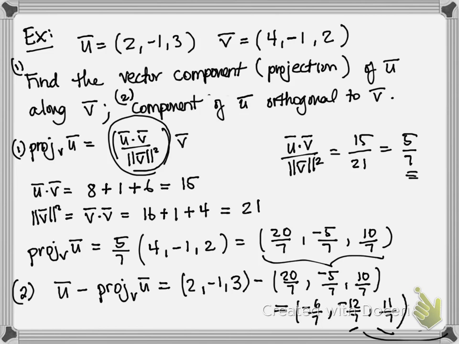Okay. This is the part of U that's running orthogonal to the vector V. Okay? That's enough for now.